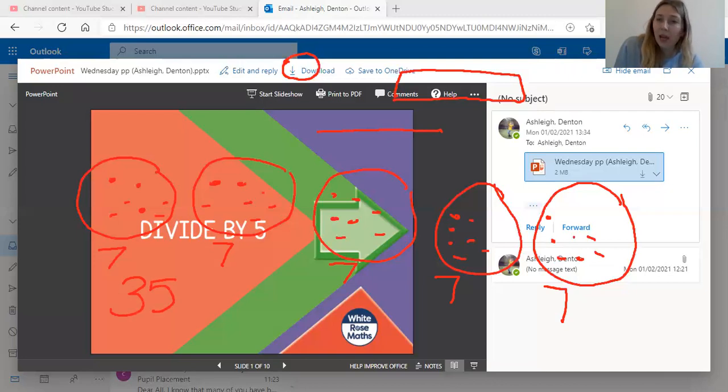Now remember, if we're equally sharing, we are dividing, and we divided by 5, because that's how many groups there were. So 35 divided by 5 equals 7. Good job. Now, can you say that number sentence out loud with me? 35 divided by 5 equals 7. Okay, good job. Well done.